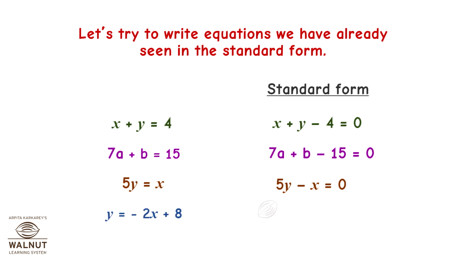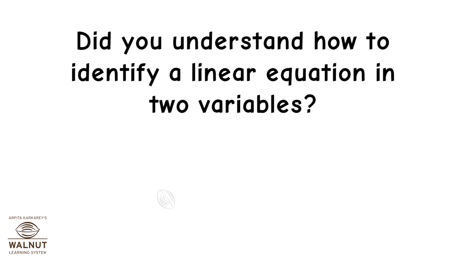Y is equal to minus 2x plus 8 and the standard form is 2x plus y minus 8 is equal to 0. Did you understand how to identify a linear equation in two variables?